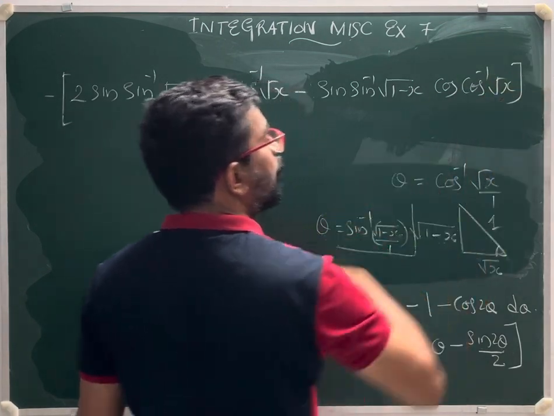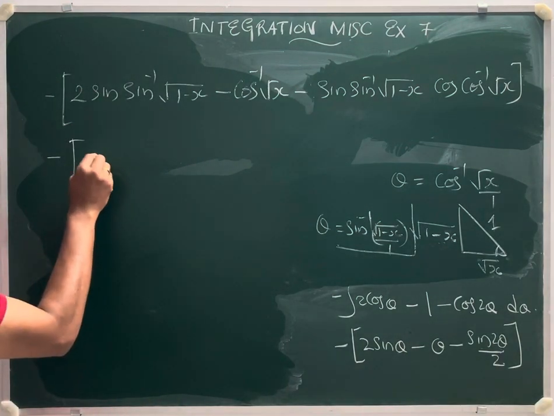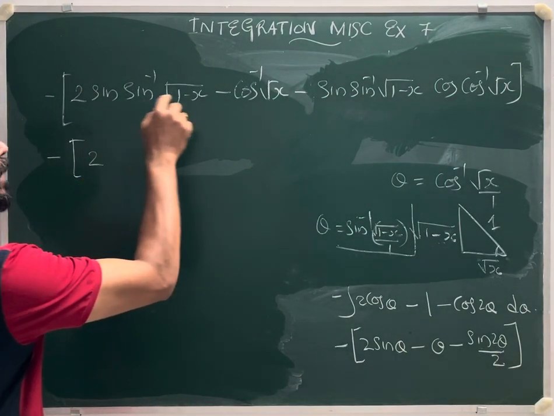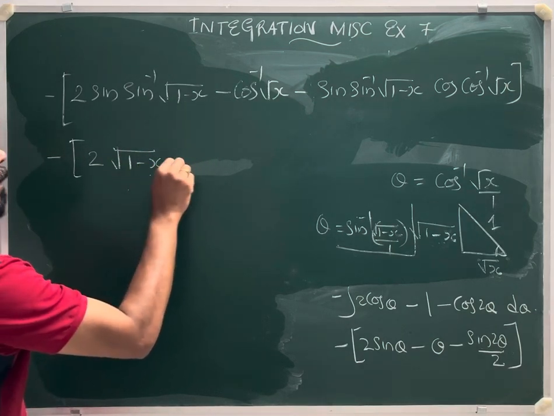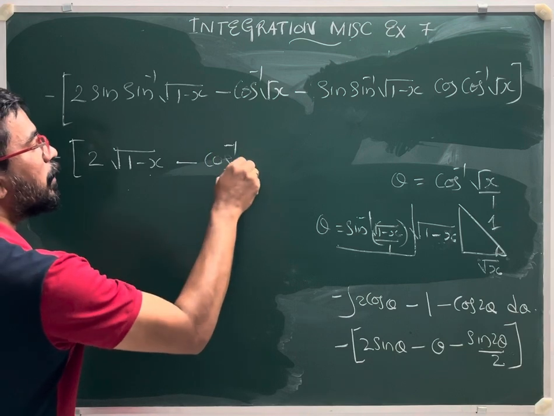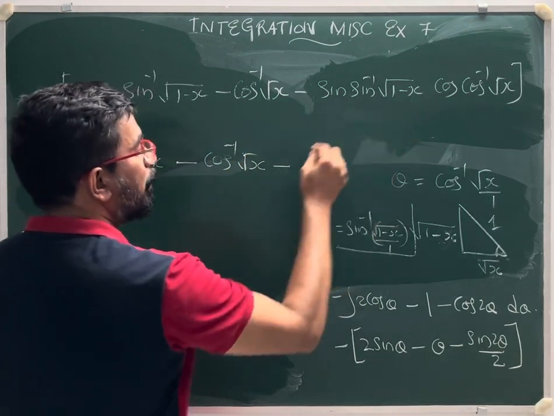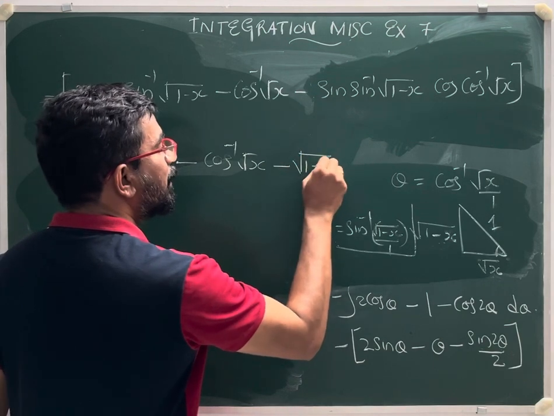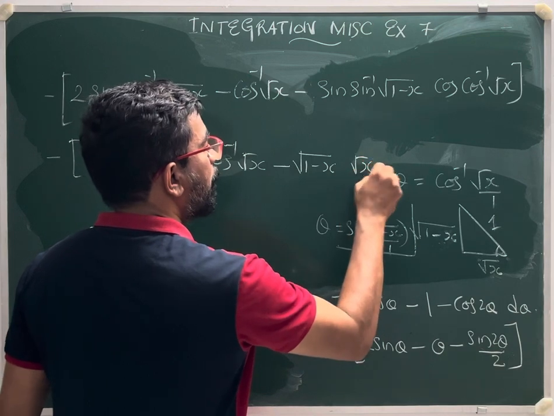Now beautifully it will get simplified. Now this will become minus 2 sin inverse and sin, and you will have root of 1 minus x, minus cos inverse root x, minus this sin inverse. Therefore this angle will become root of 1 minus x, and this cos inverse will become root x.